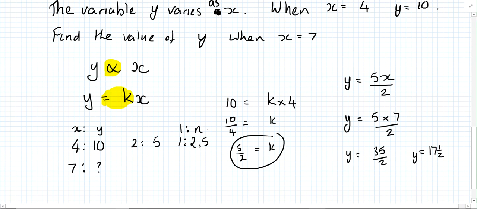You've seen it written like that before? So now we multiply that by 7 to get the 7 to 17.5. So that link is there, that relationship is there. But we can do it now in this way. We can write it as a constant times x. And that becomes more useful when it's not just a linear relationship.